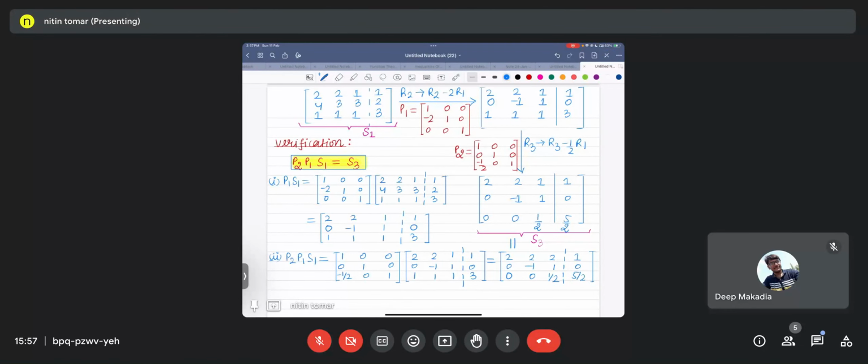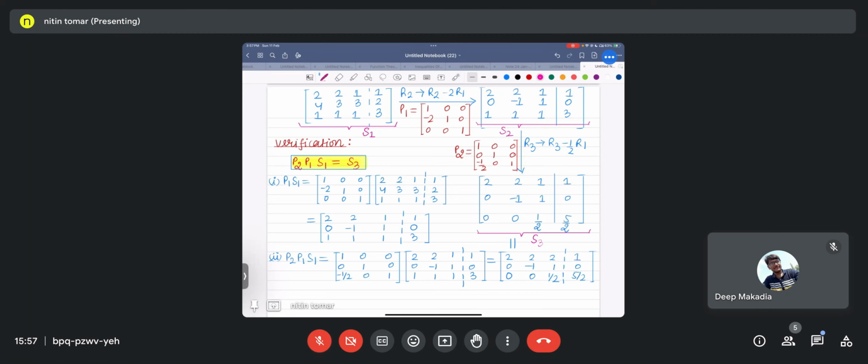Please repeat it once. Yes. So you have a given system S1, and let us say this system is S2. How will you reach S2 from S1? By performing some row operation.